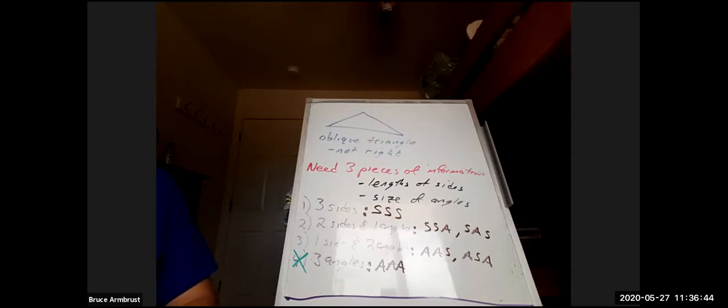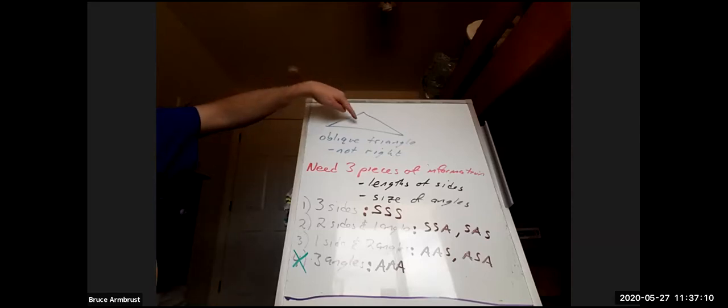Going back to Amber's geometry statement, you may remember that if all the angles are the same, they're what we call similar triangles. Similar triangles have side lengths that are all the same ratio of each other. But you could actually have 2 triangles with the same 3 angles that are different sizes.